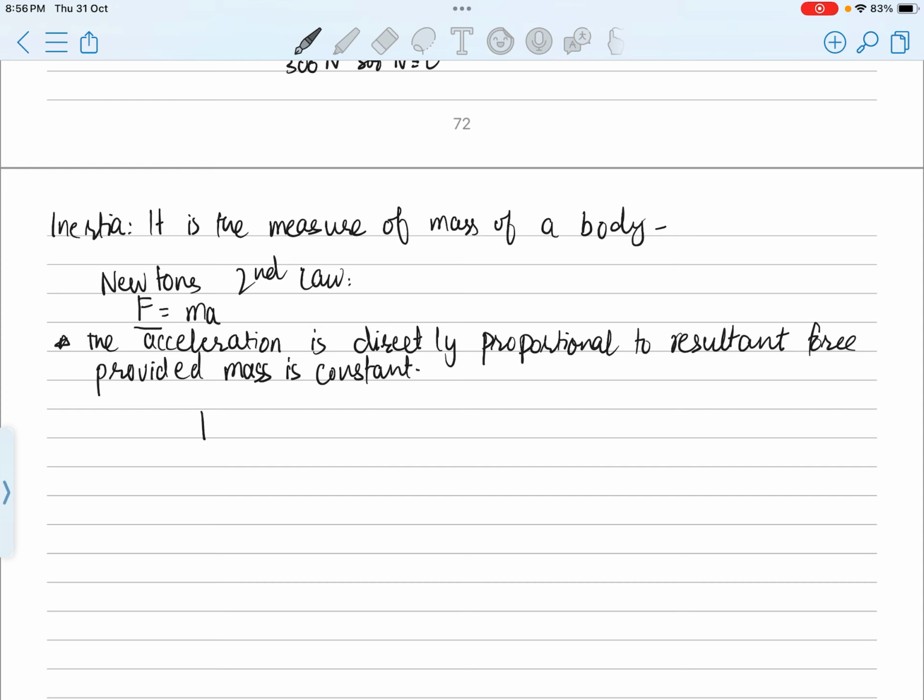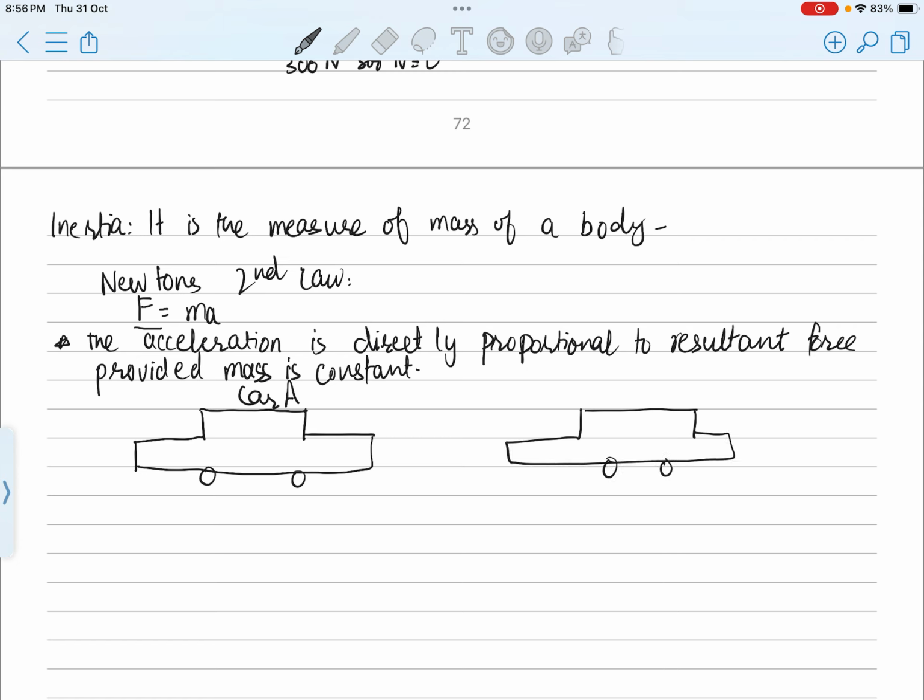Okay, imagine two scenarios. This is car A and this is car B. Car A has a mass of 100 kg, but car B has a mass of 50 kg.